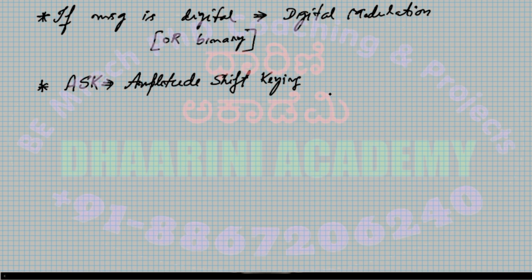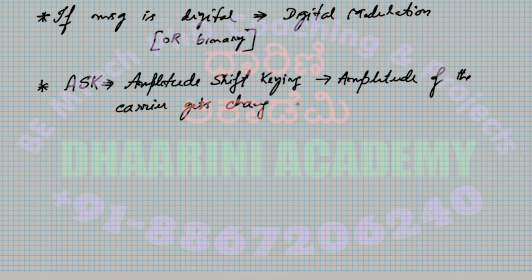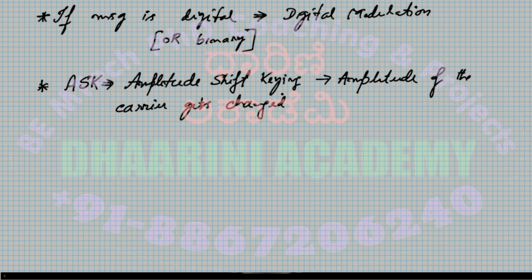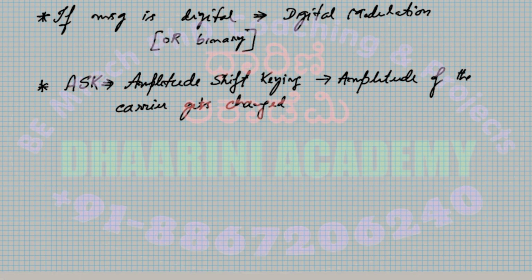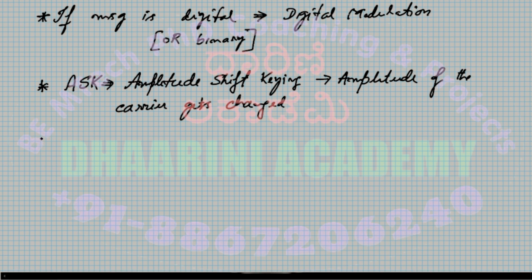As the name suggests, the amplitude of the carrier gets changed according to the changes in the amplitude of the binary data or the message. Similar to frequency modulation, here we have the FSK, frequency shift keying.